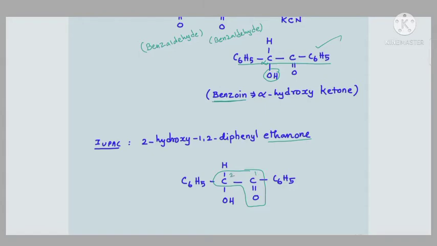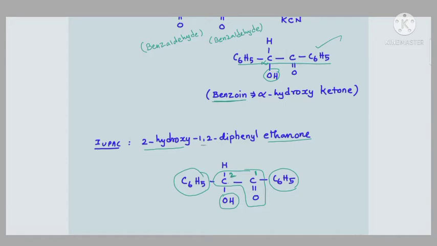Now you can see at the second carbon there is an OH group, so that is called 2-hydroxy. Then there is a phenyl group over here, and another phenyl group here, which are also considered substituents. One phenyl group is at carbon number 1, another phenyl group is at carbon number 2.